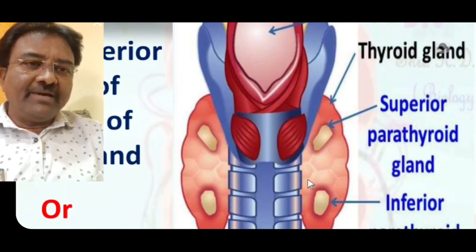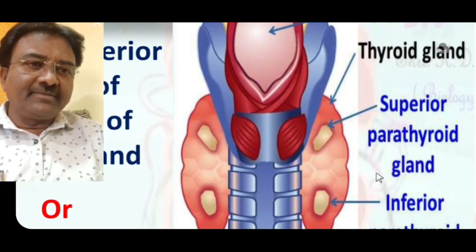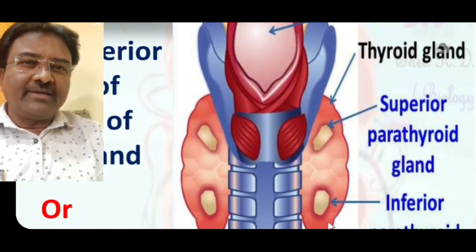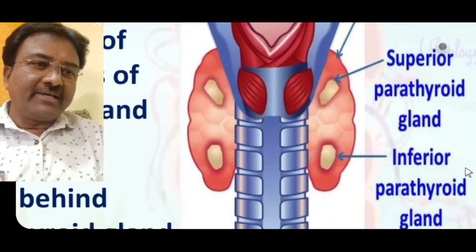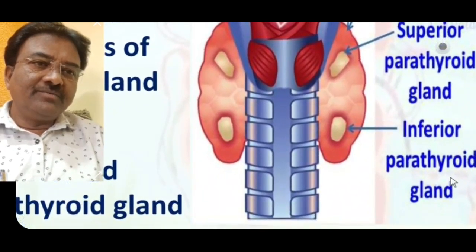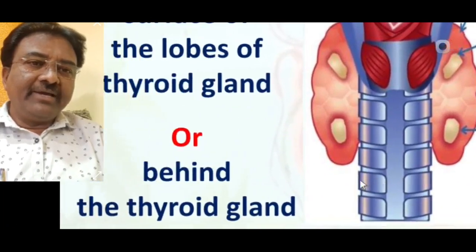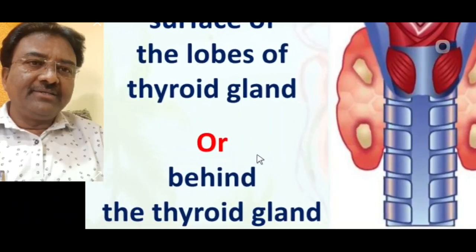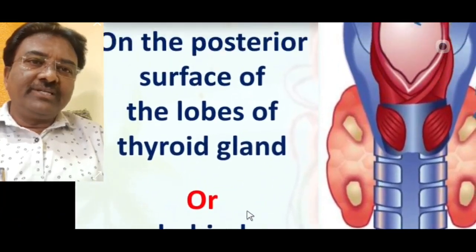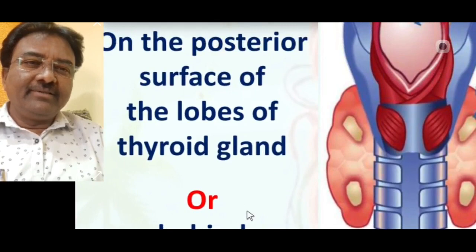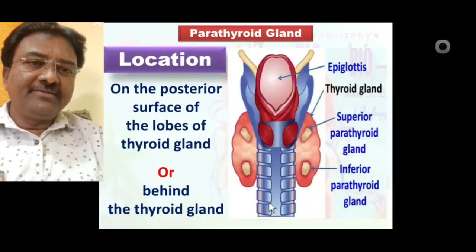On the back side of each lobe of the thyroid gland are two parathyroid glands. The upper two parathyroid glands are called superior parathyroid glands. The lower two parathyroid glands are called inferior parathyroid glands. So the parathyroid glands are located behind the thyroid gland, on the posterior surface of the lobes of the thyroid gland.